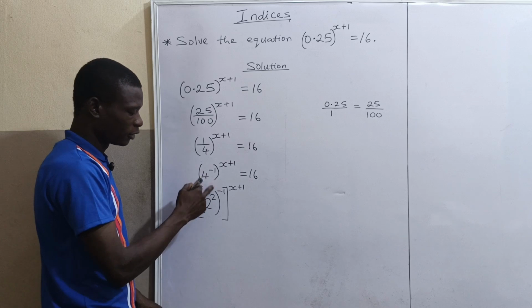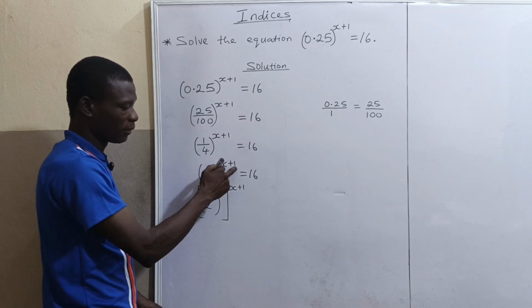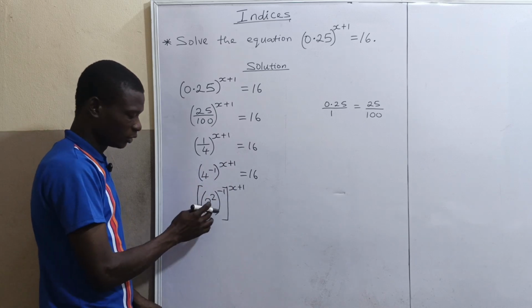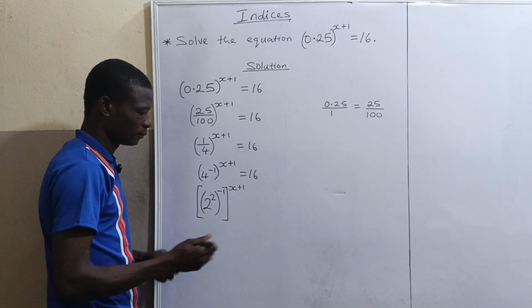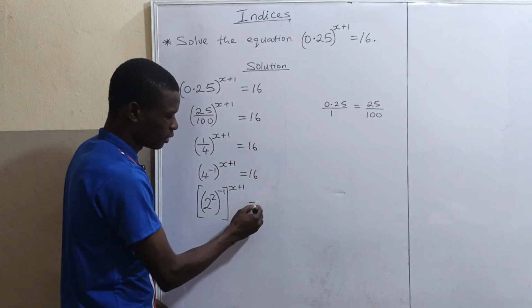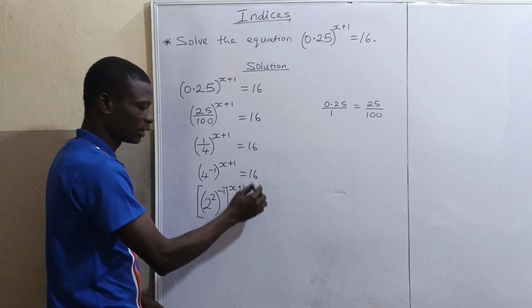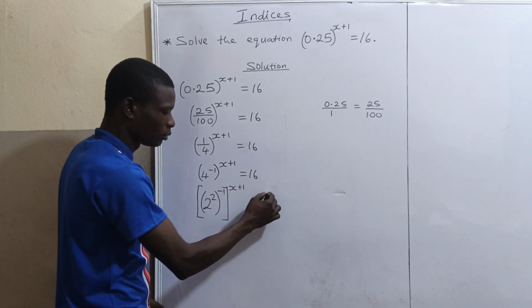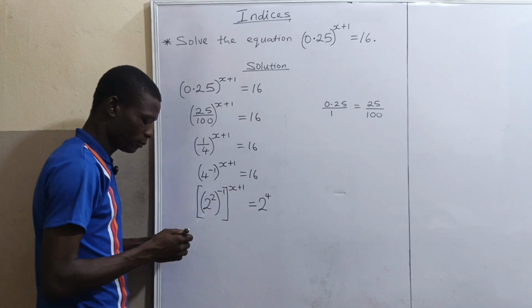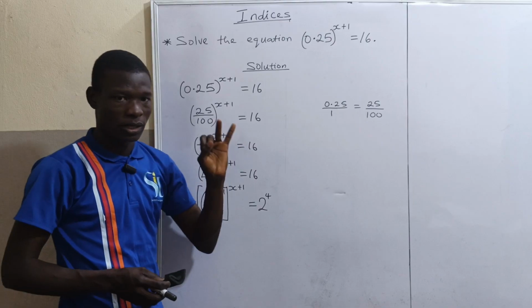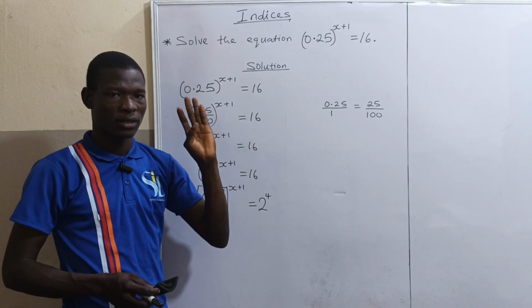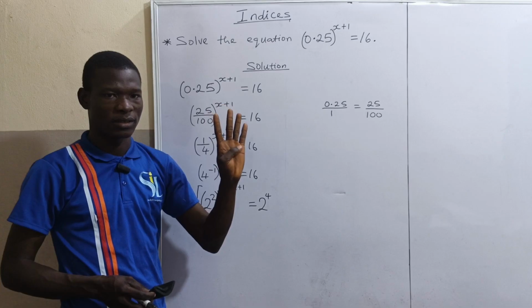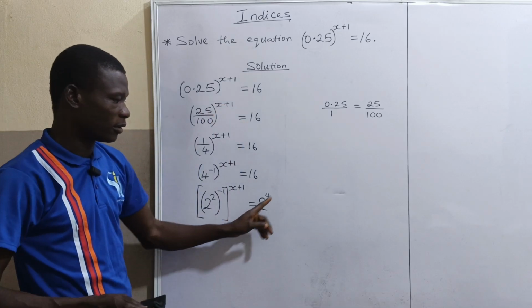Then 4 raised to power negative 1 is now being raised to power x plus 1. So each bracket has a story to tell. And this is going to be equal to 16, which is 2 to the 4th power. 2 times 2 is 4. 4 times 2 is 8. 8 times 2 is 16. So 2 raised to power 4 gives us 16.